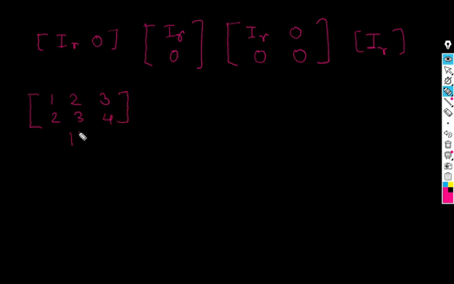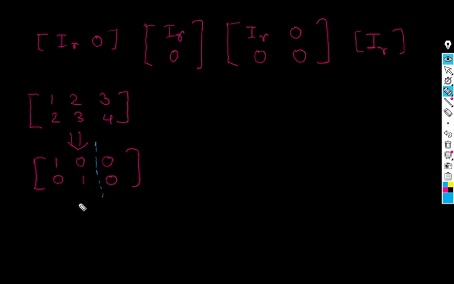If you convert it to the row echelon form and then convert that to the normal form, this matrix will be converted to 1, 0, 0, 0, 1, 0, and you will observe every time you have to separate the block of the identity matrix. If we separate this block of the identity matrix, this is 1, 0, 0, 1.